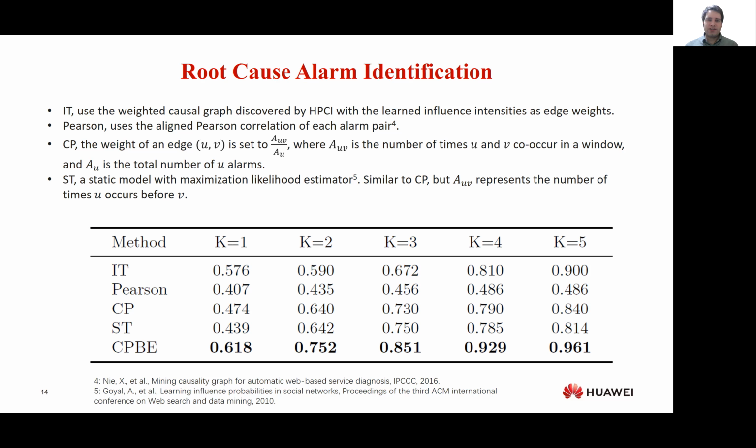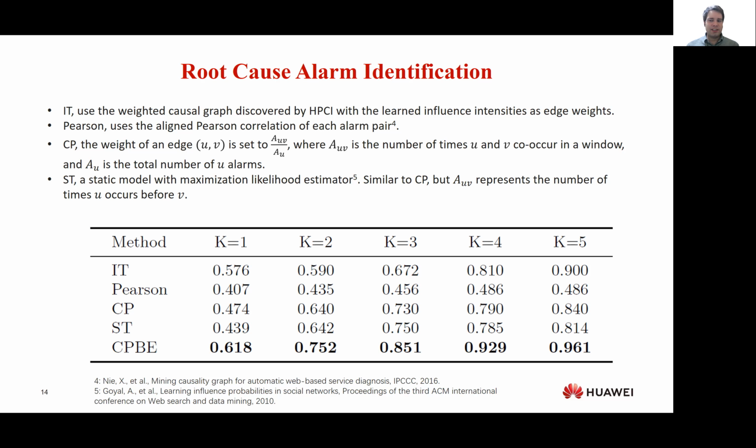So for evaluation, we use the 6,000 labeled alarm transactions with a known root cause alarm. And in the table here, we can see the accuracy using the different methods. The different Ks here are the different sizes of the seed set for the IRIE algorithm.